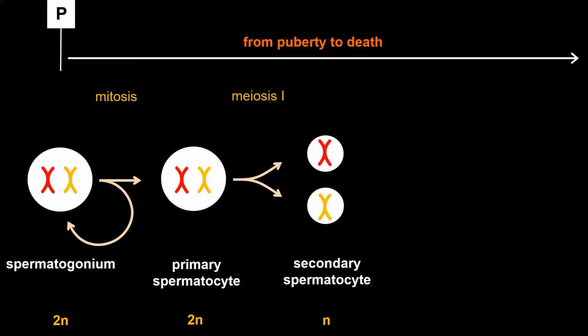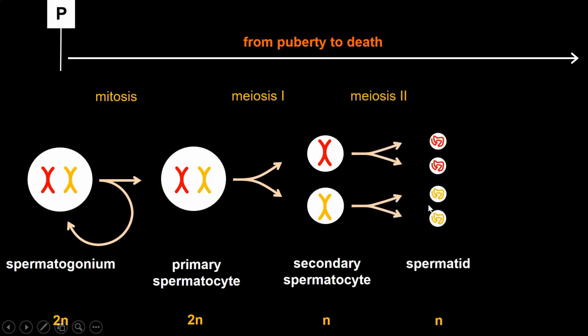All right, well, the primary spermatocyte, which as we have seen is diploid, undergoes meiosis 1 and creates 2 secondary spermatocytes, which you can now see are haploid. Next, the secondary spermatocyte undergoes meiosis 2, and so we have 4 spermatids.